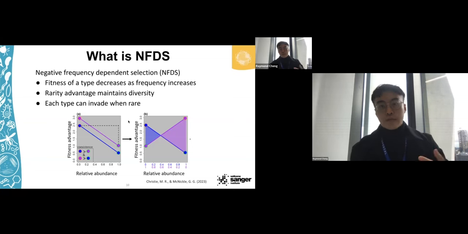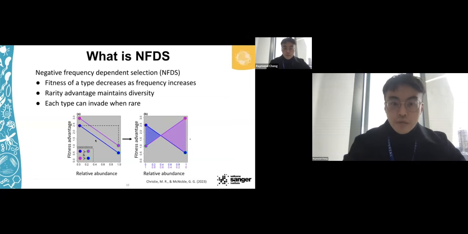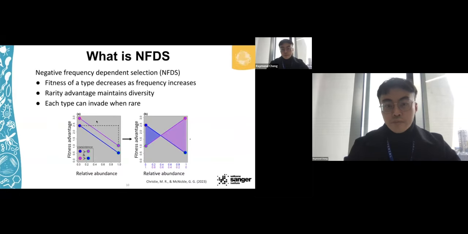So what actually is NFDS? By definition, NFDS describes the fact that the fitness of a type decreases as its frequency increases. If you look at this figure, in this environment there are two types, one is the purple type and one is the blue type, and they exist in the same environment.